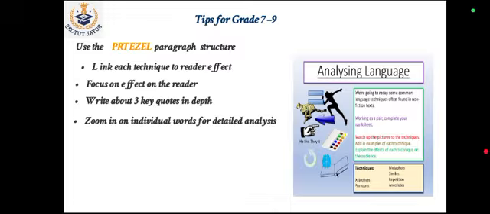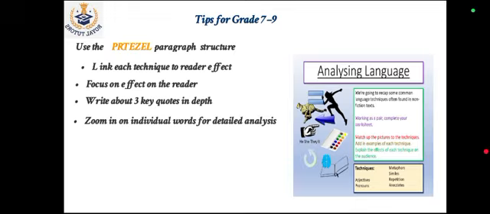Now, a tip to get grade 9 or 7 to 9 in this question is to use the PETER-ZL paragraph structure. The paragraph structure helps you to analyze in depth, meeting the requirements of the marking scheme.